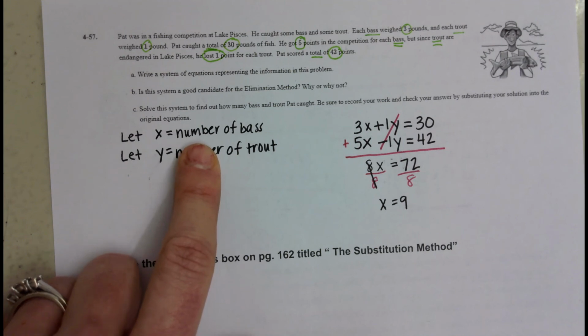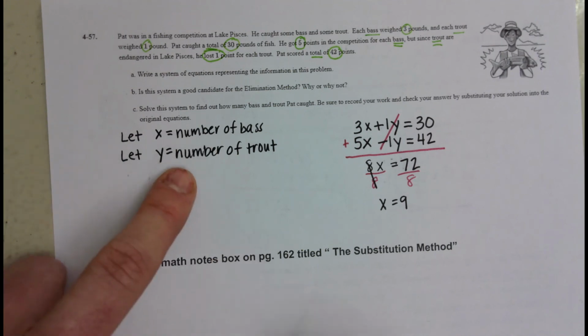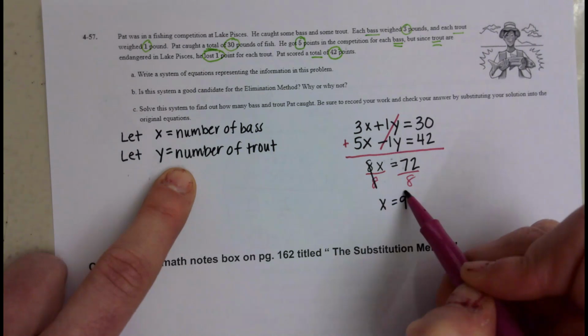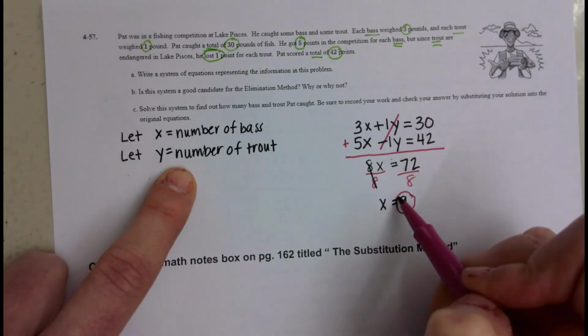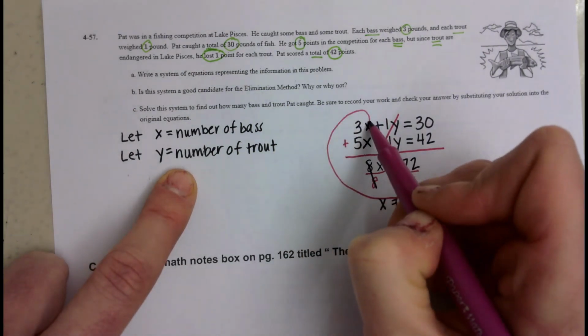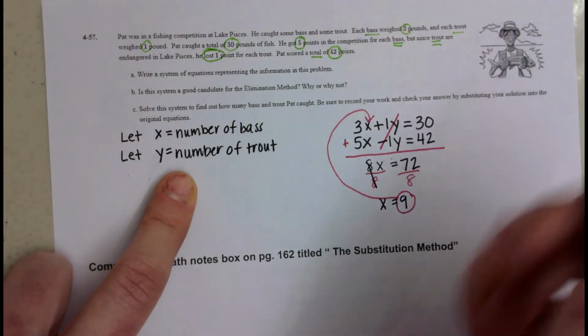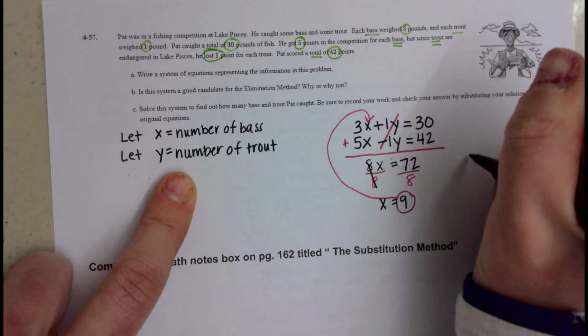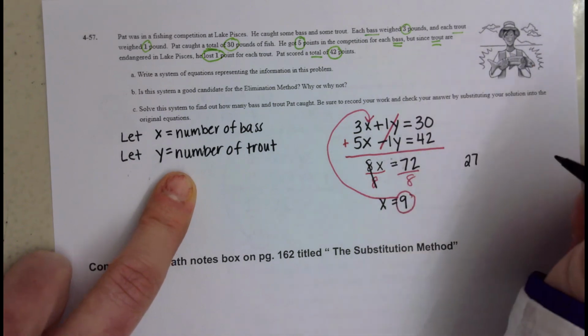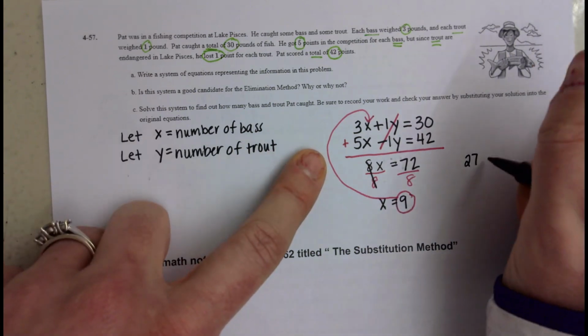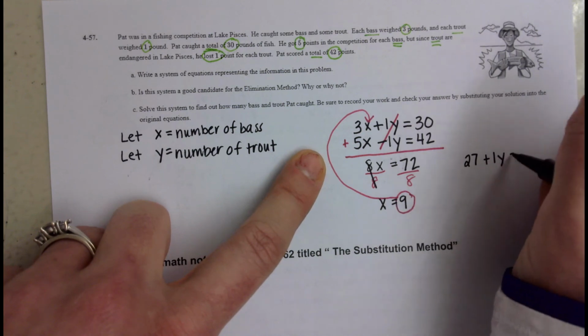Okay, I also need to find out the number of trout. So I have to take that 9 and plug it back in. I'm going to plug it into this top equation where x is. So 3 times 9, remember, don't write it out as 3 times 9. If you need to take out a calculator, take out a calculator. 3 times 9 is 27, plus 1y equals 30.